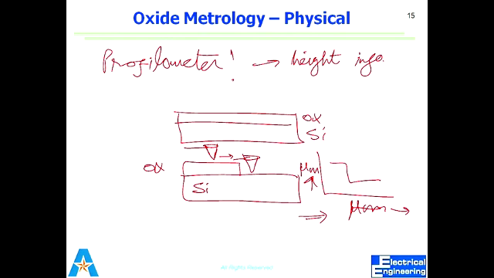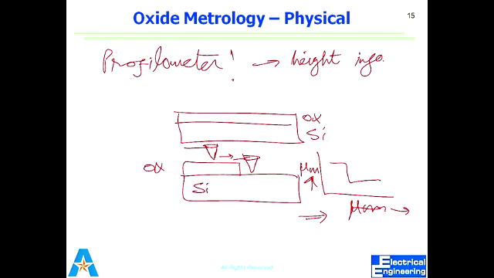But it's more difficult, because one thing, you should be able to have a clear step height. It should not be that maybe you could not manage to save this silicon layer from getting oxidized. If it is getting oxidized, the answer would not be accurate.